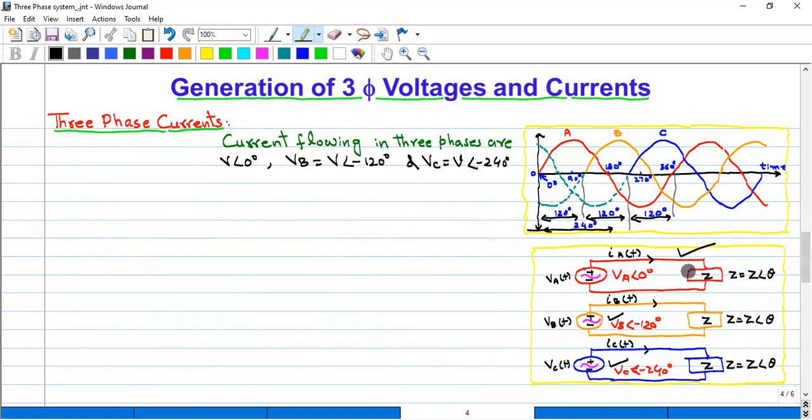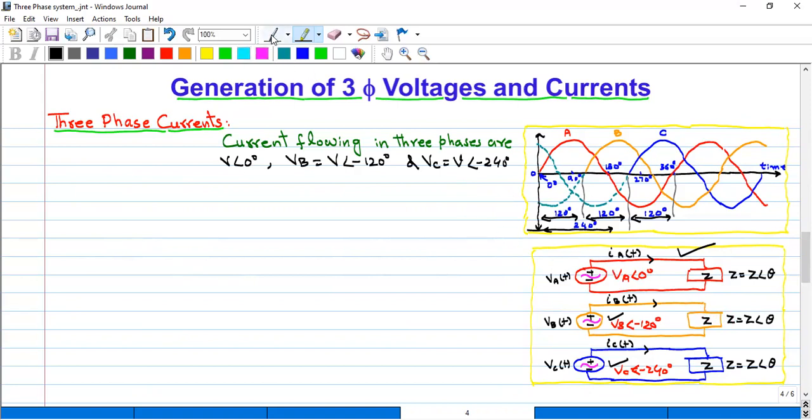So as you can see here, this is the load connected with the phase A voltage, this is the load connected with the phase B voltage, and this is the load connected with the phase C voltage. All the loads are identical, that is same. That is, the voltage across the phase A is same as the phase B and phase C. All the loads are same and equal.